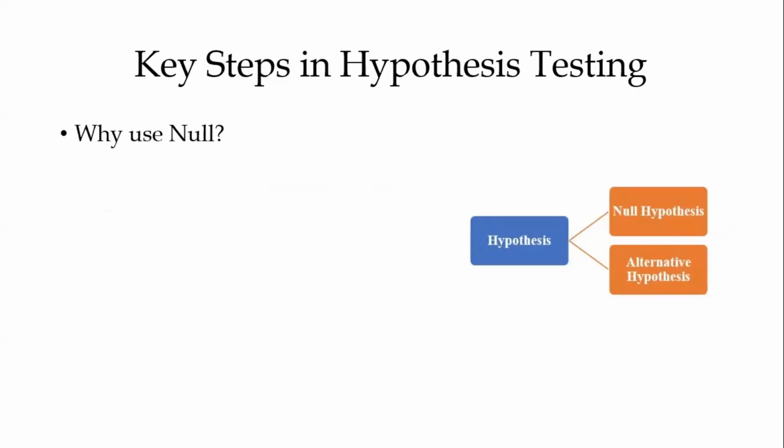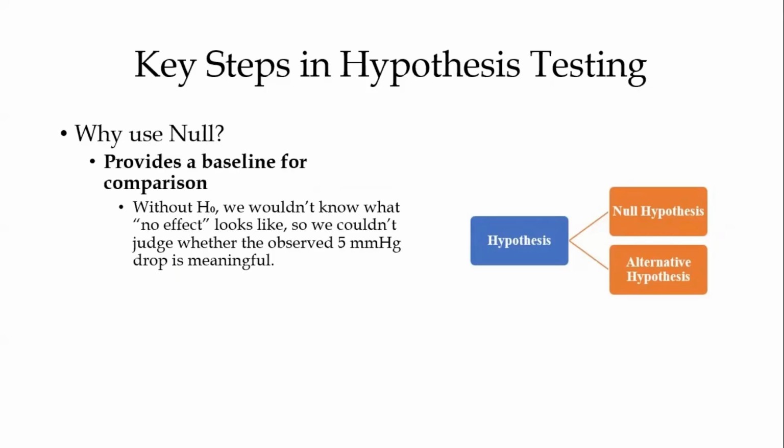So why use the null hypothesis from Fisher's original description? He chose the null hypothesis, one, because it provides a baseline for comparison. In his reasoning, without knowing the null, without knowing what no effect looks like, how do we judge a difference as being meaningful?